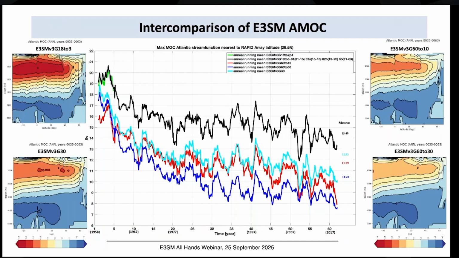The inserts on the left and right are basically the stream function in the North Atlantic, showing the overturning circulation, and the color shading represents the maximum overturning circulation magnitude. So we get about 15 Sverdrup in the AEROSI configuration. The next one is the 30 kilometer V3, roughly about 12.5 Sverdrup. You can clearly see how the coarser resolution decreases the magnitude of the overturning.